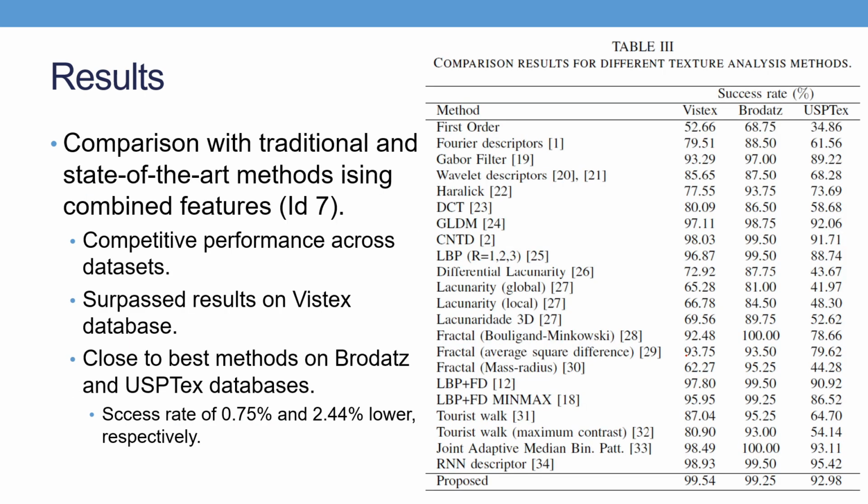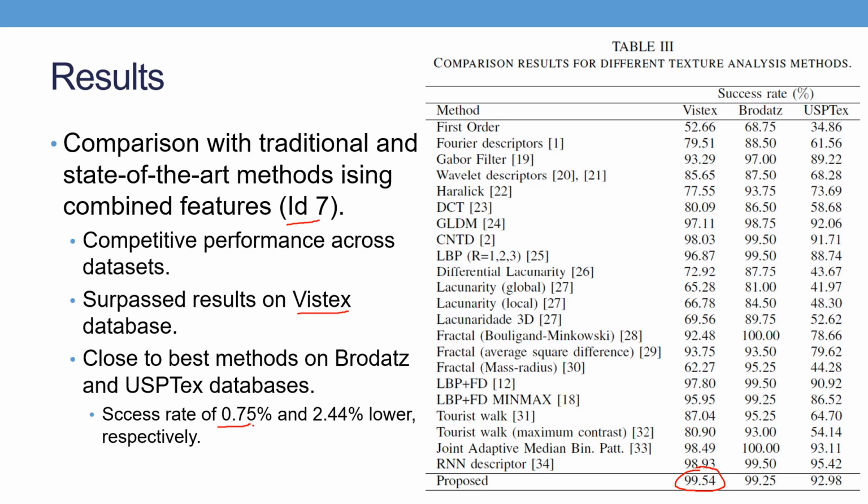If we compare with traditional and state-of-the-art methods, we see that we have a competitive performance across all datasets. We were able to surpass results on the Vistex dataset, so we achieved the best results in Vistex. For Brodatz and USPTex, we didn't get the best result, but we were close to the best methods.